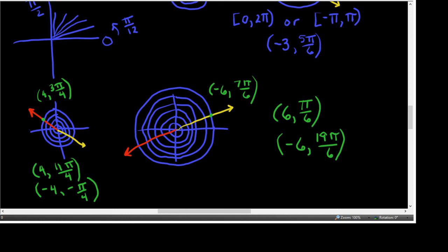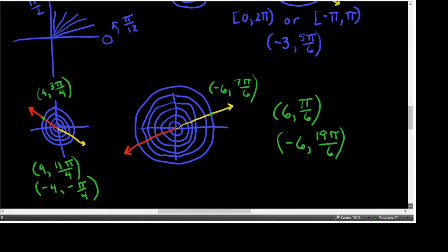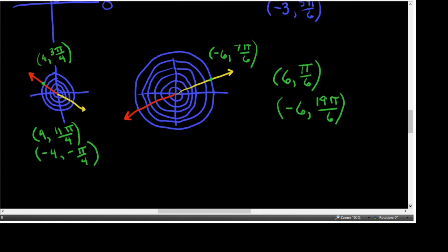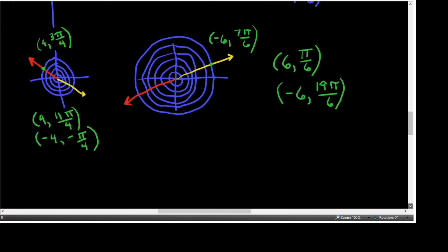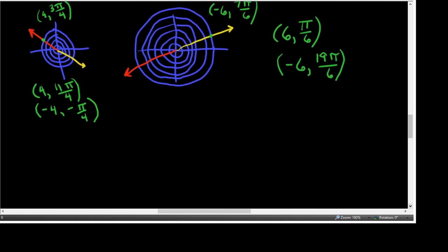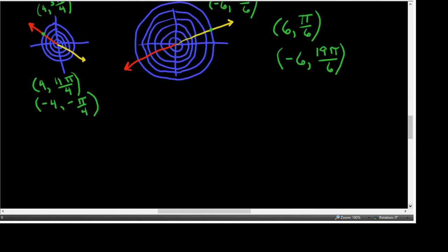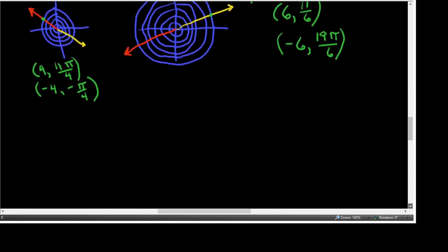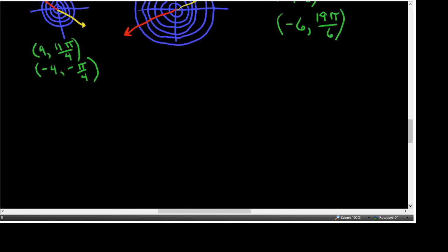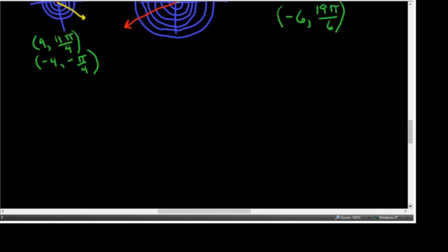Now, if we look at the next pages, the focus on these next few pages is on converting from one system to the other. So you might have something in rectangular that you're worried about. Well, what are the polar coordinates for that same point? It's assuming you could superimpose one grid on top of the other, or vice versa.